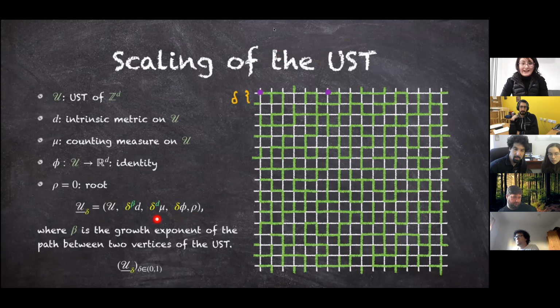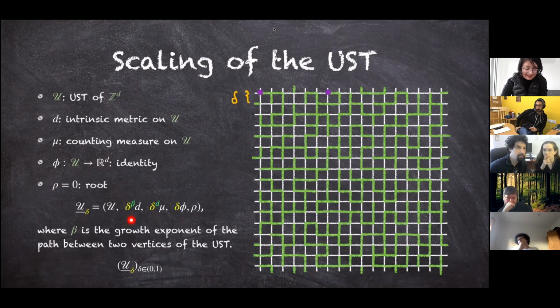For the measure, I'm rescaling by delta to the d, where d is the dimension of the space, because if I fix a ball of radius 1 and I want to count how many vertices are there in that ball, as I'm rescaling, this is going to scale as delta to the dimension. So in dimension 3, delta to the 3.